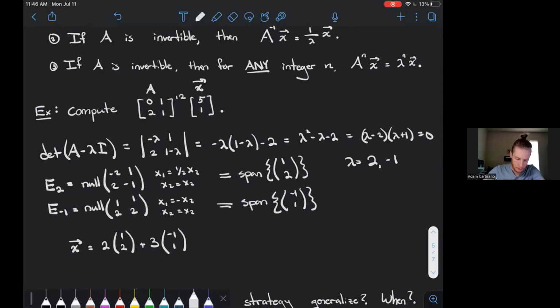Let's just double check that. We want to get 5, 1. So -3 times -1 is 3, plus 2 is 5, and -3 times 1 is -3, plus 4 is 1.